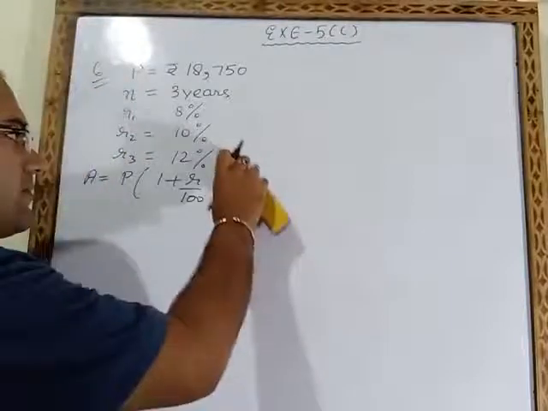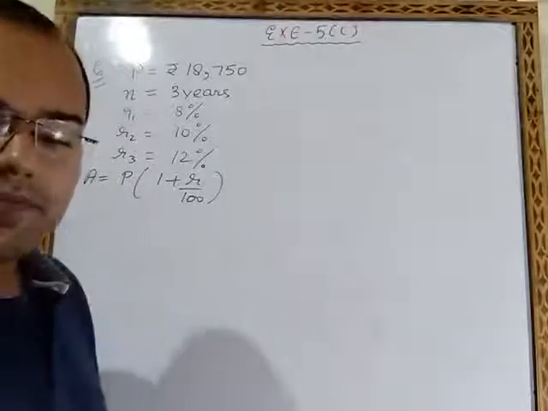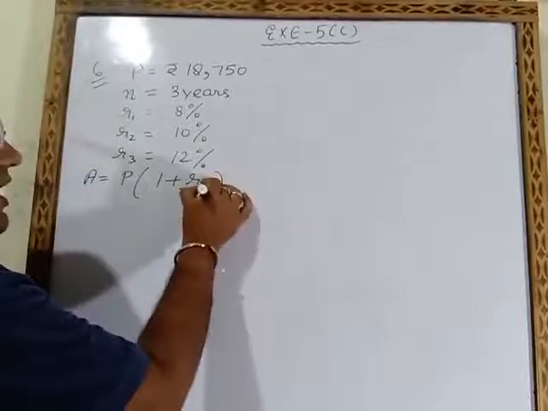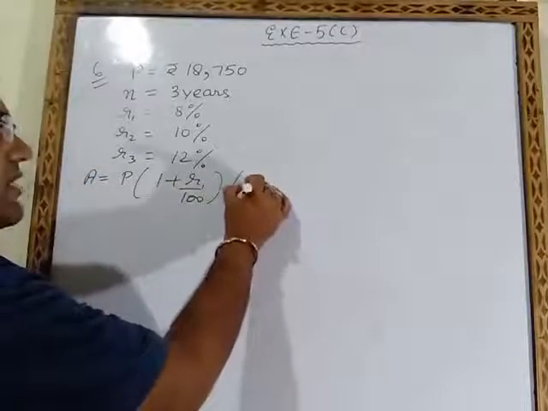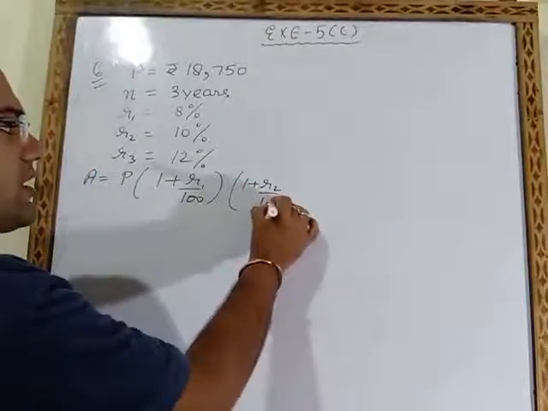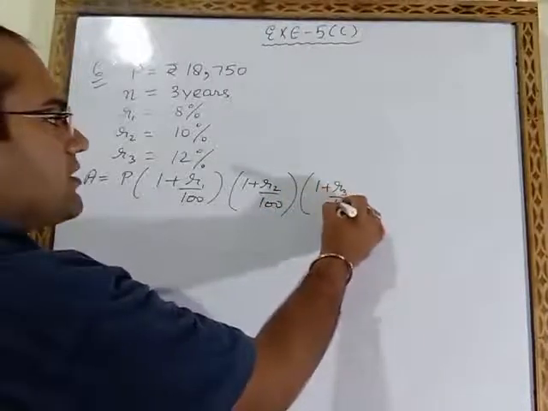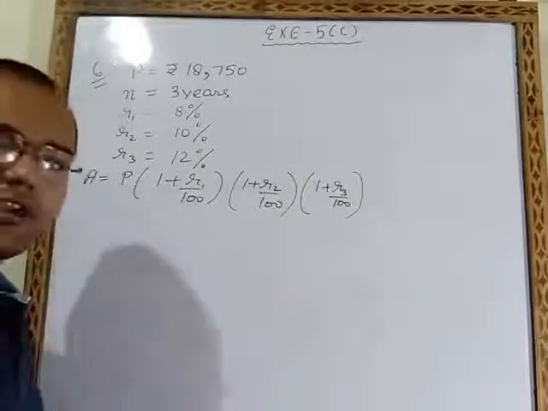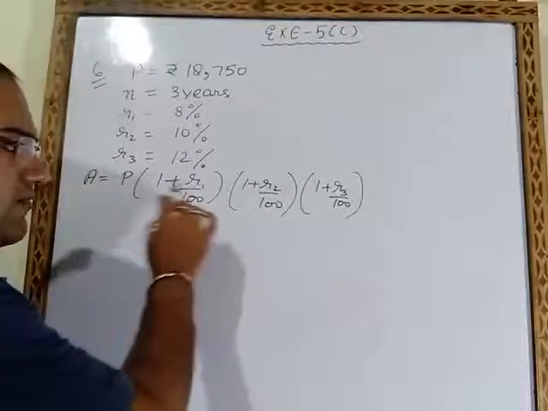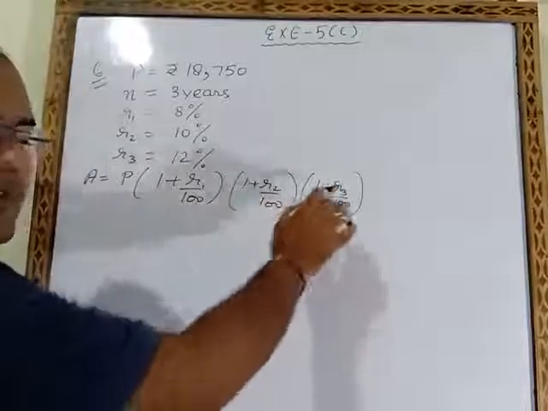Formula क्या लिखेंगे आप? Power n नहीं लेंगे. We have to take 1 plus R1 upon 100. One more bracket we will take, 1 plus R2 upon 100. Again bracket 1 plus R3 upon 100. 3 times we have to take the bracket for first rate, for second rate, for third rate.